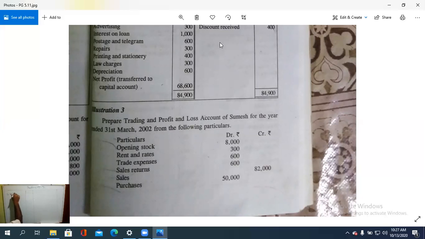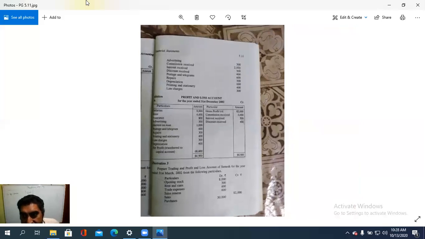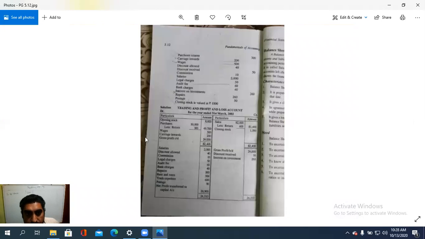To opening stock. That is the first item in the trading account, 8,000. Then rent and rates and taxes come in the P&L account. Trade expenses, where do they come? Trading expenses. This is a direct expense, isn't it?